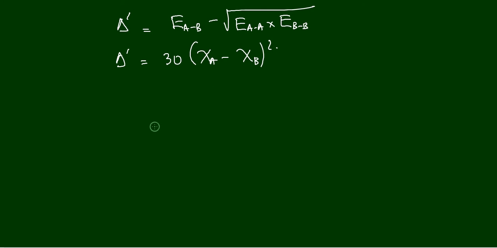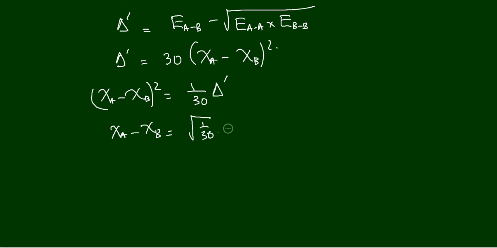So from this one, (chi A minus chi B) the whole square is equal to 1 divided by 30 into delta dash, or chi A minus chi B is equal to root of 1 divided by 30 into root of delta dash. That is, chi A minus chi B is equal to 0.182 into root of delta dash.